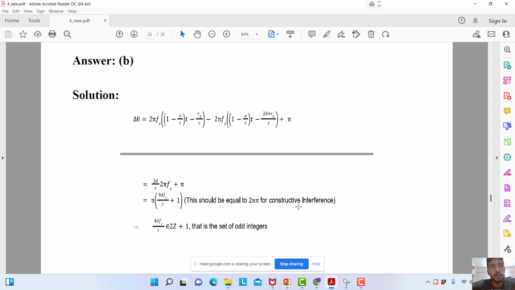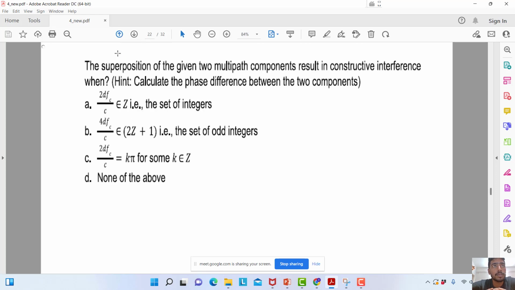To make it in terms of 2n pi, it follows the nature of 2z plus 1. It should be odd, because then it will become 2n pi, following the nature of constructive interference. So answer B is the right part.